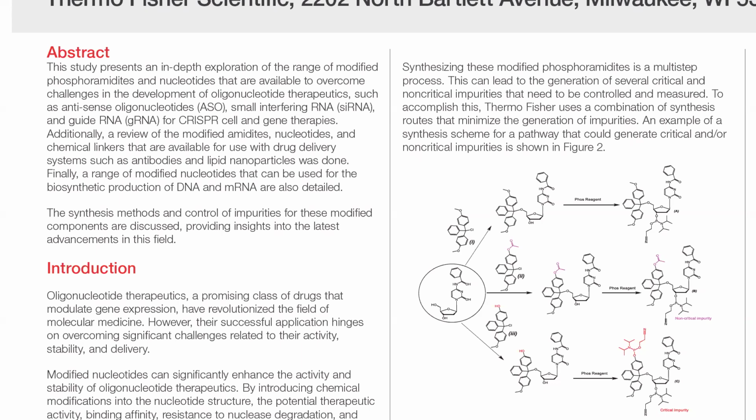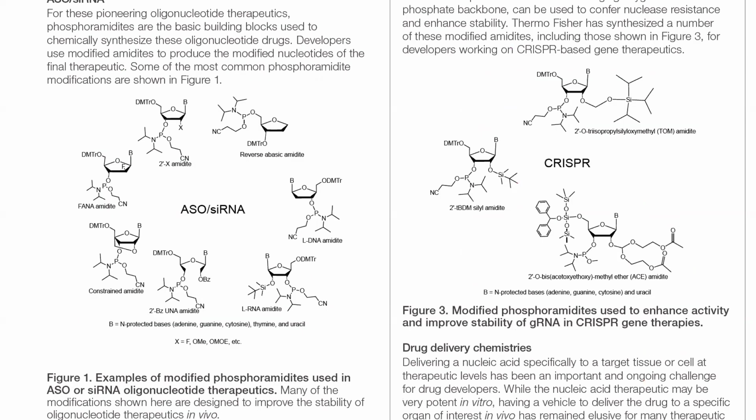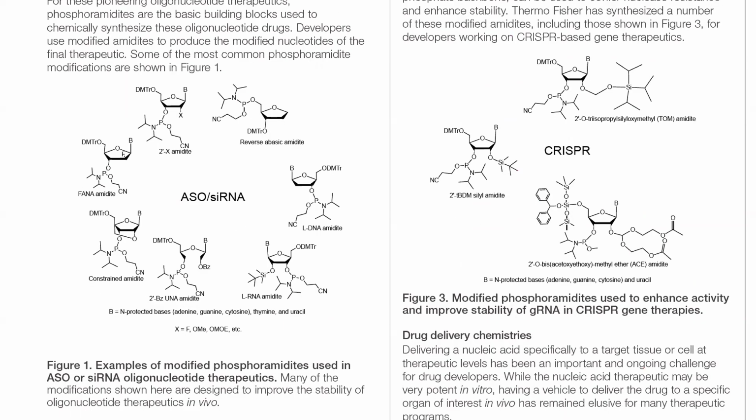Let's talk about each. First, I'm going to scroll down to Figure 1, talk about antisense oligonucleotides and siRNAs. For antisense oligonucleotides and siRNA, Thermo Fisher Scientific produces modifications like 2' fluoros, 2' O-methyls, locked nucleic acids, FANA amidites, reverse abasics, and more.